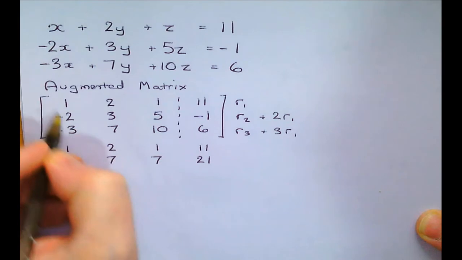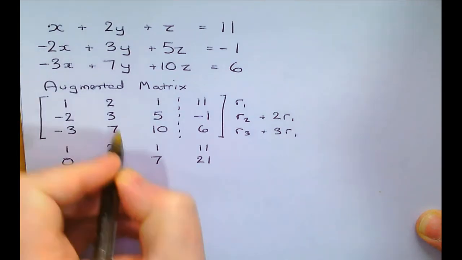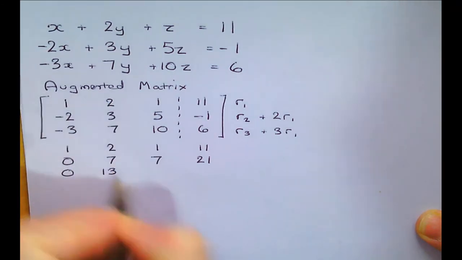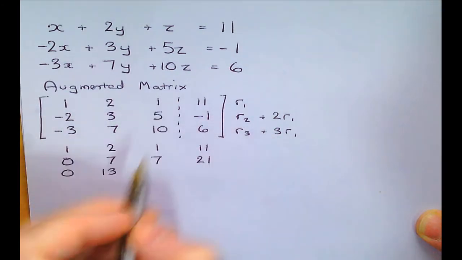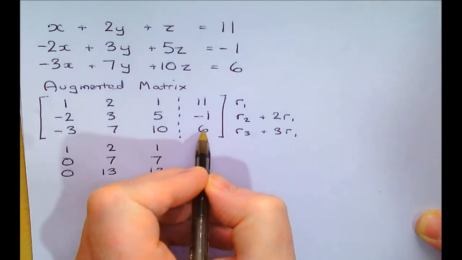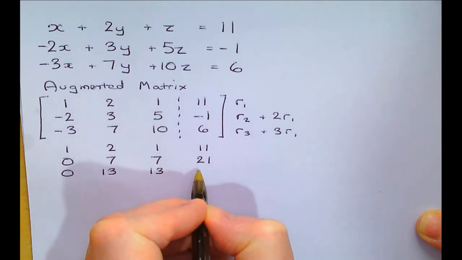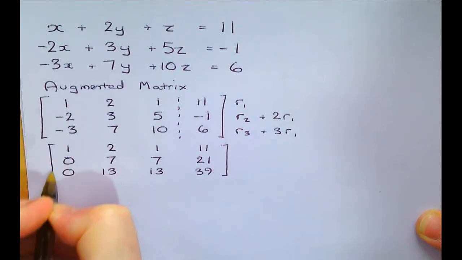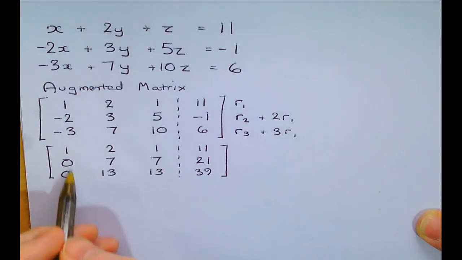Row 3 plus 3 row 1, minus 3 plus 3, 7 plus 3 times 2, 7 plus 6, 13. 10 plus 3 times 1, 10 plus 3, 13, and then 6 plus 3 times 11, 6 plus 33, 39. So we've got zeros in the 2 positions here.